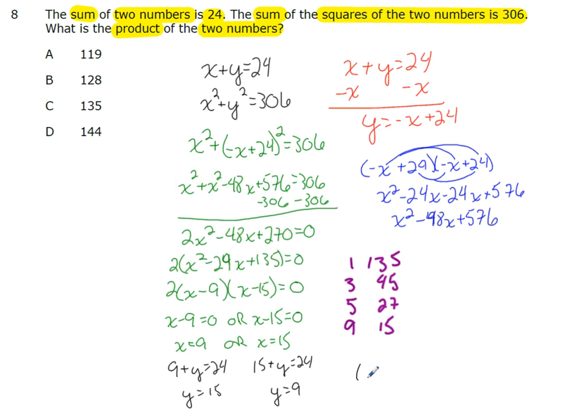So my points are either 9, 15, or 15, 9. In both cases, the product is going to be the same. 9 times 15 or 15 times 9 is the same thing, and that gives you 135 as the product of your two numbers. So the answer is going to be C.